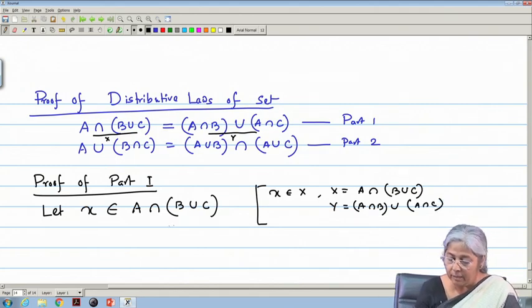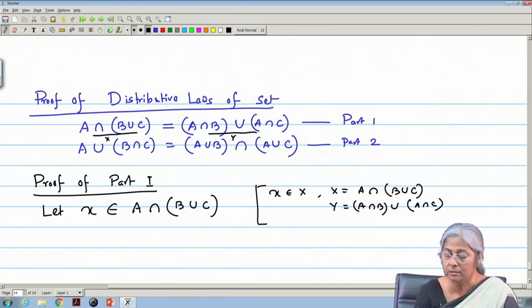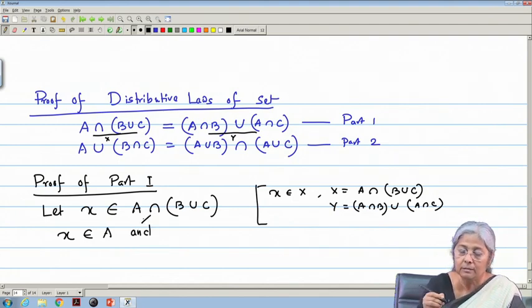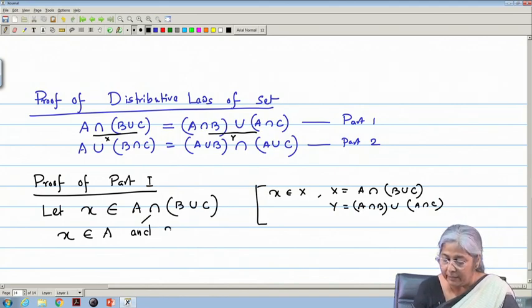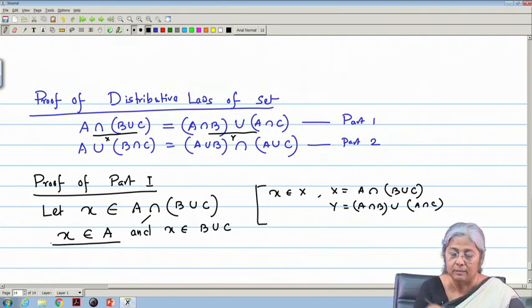Okay. So, what does it mean physically that x belongs to A intersection (B union C)? From the definition of intersection and union, since it is an intersection, x belongs to A and x belongs to B union C. So, x belongs to A, this is constant, it is always there.